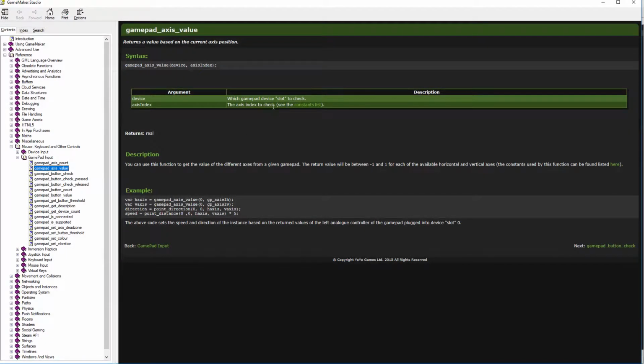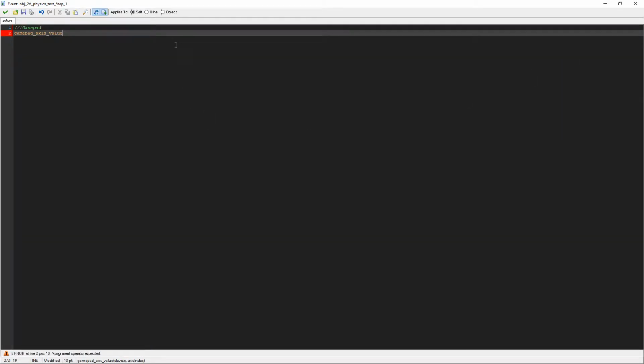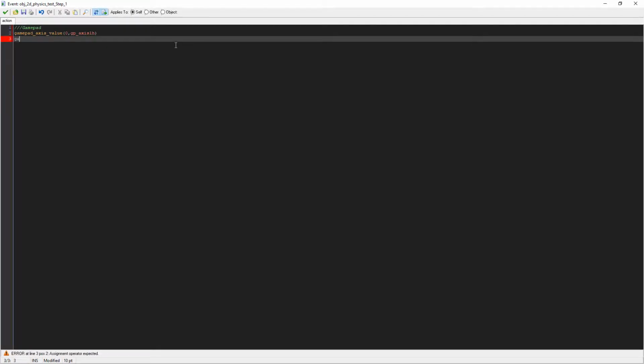What we're gonna be doing is axes count, axes value, GP axes LH.